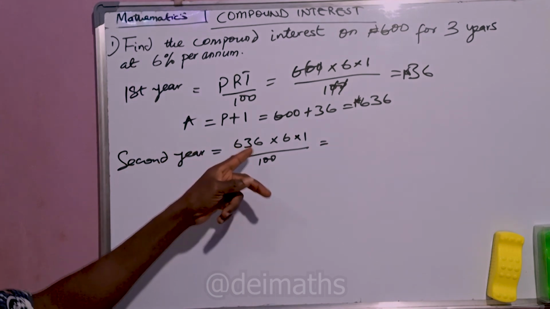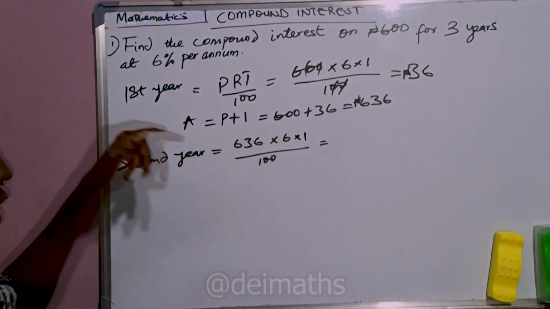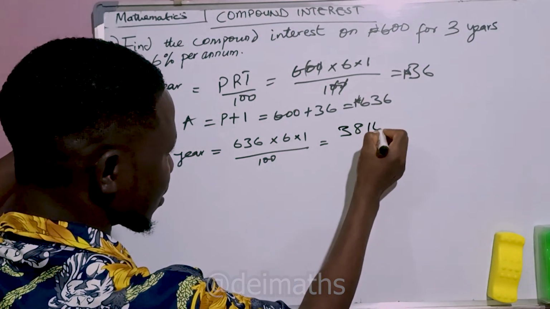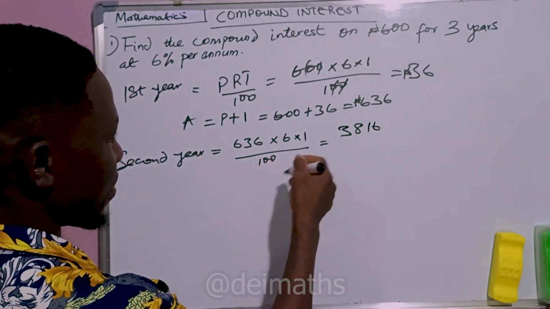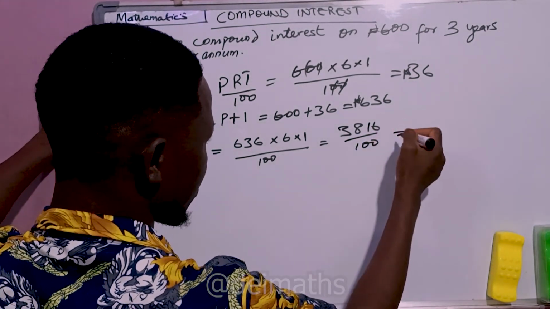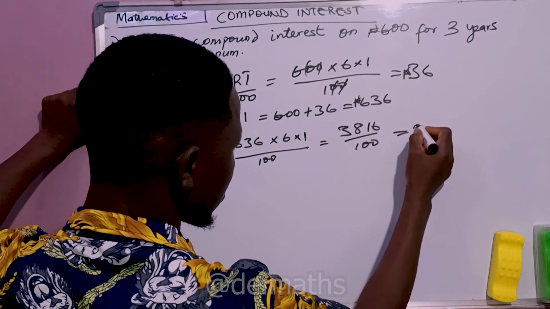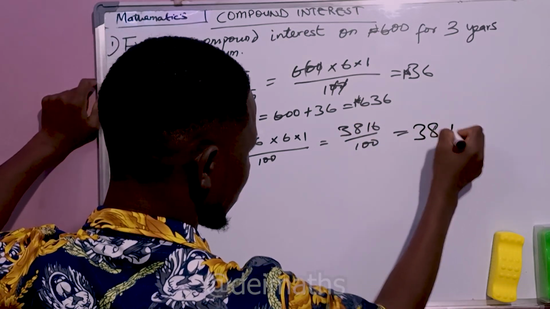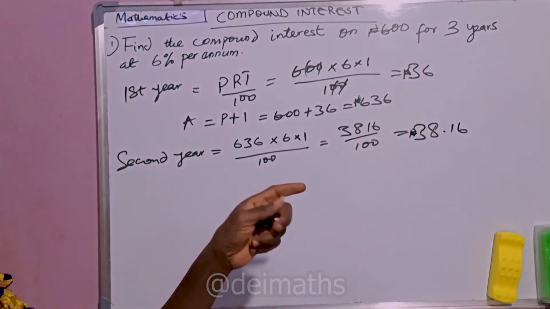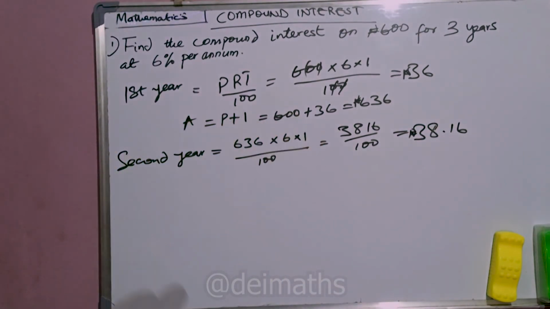Now, if I multiply this out, 636 times 6 times 1, it is going to give me 3816. Because it is divided by 100, I will just take 2 decimal places, 1, 2, 38.16 naira. This is the interest after the second year. That's 38 naira 16 kobo.